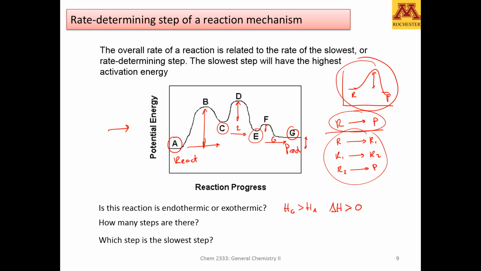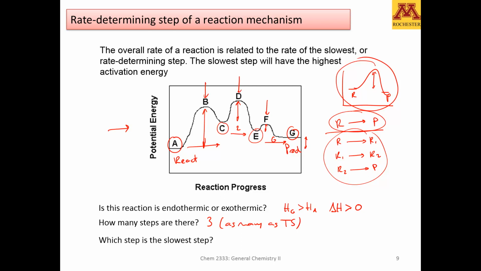We just counted 3, right? And there will be as many steps as transition states. So B separates A and C, D separates C and E, and F separates E and G. So 3 elementary steps that, when combined, give the overall reaction.